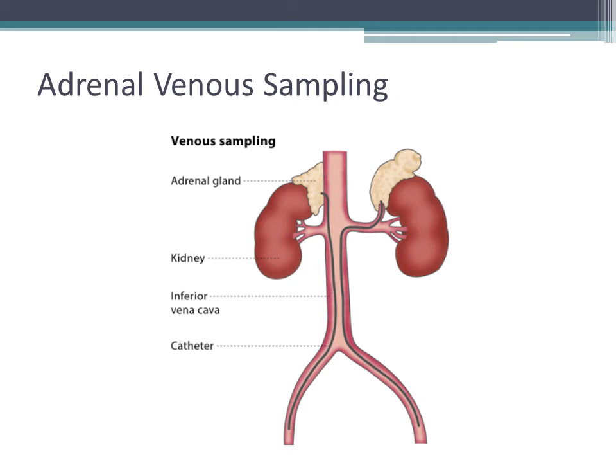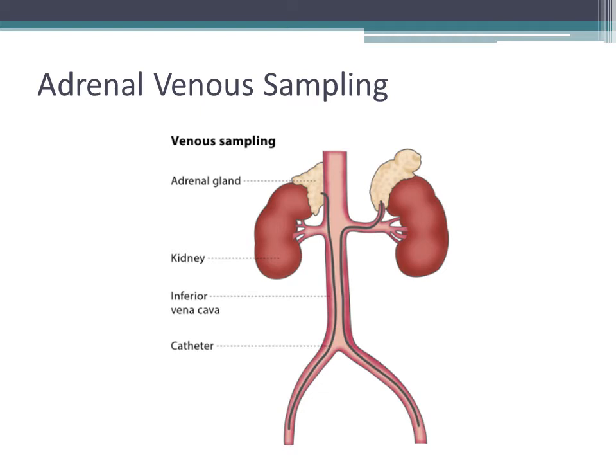So how do we distinguish bilateral adrenal hyperplasia as a cause of primary hyperaldosteronism versus a unilateral adrenal mass causing this hyperaldosteronism? Well, we have an invasive test which is called adrenal venous sampling. The invasive radiologist will insert catheters into both adrenal veins, the right and the left, and take blood samples so that we can measure aldosterone levels and compare the right and left.